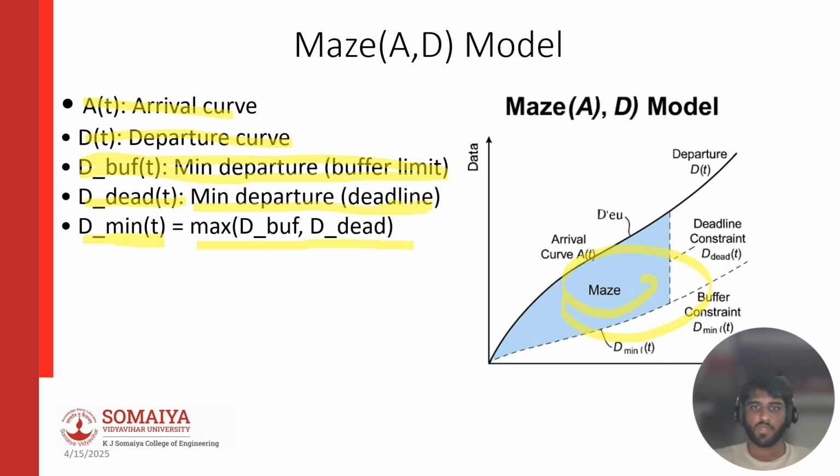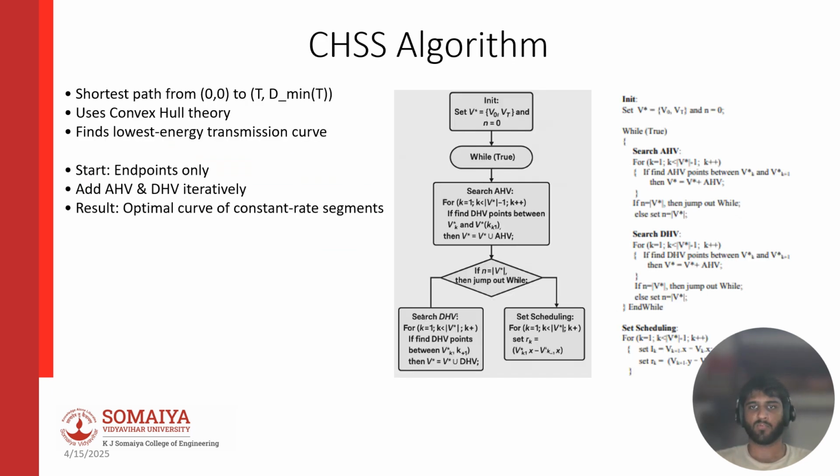You don't want that as well. That's exactly what this MAZE model tells you about. Looking at the MAZE model, we have the AHSS algorithm, which works on the convex hull theory. Convex hull theory is nothing but finding the shortest path between two nodes.